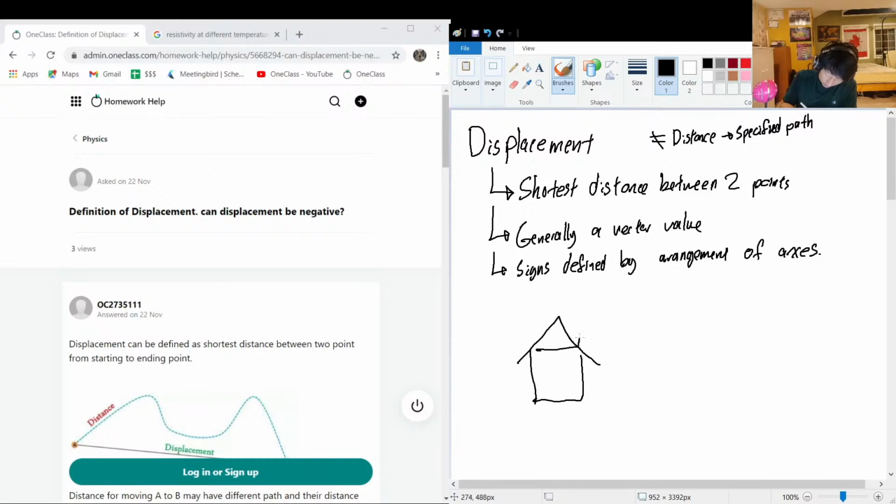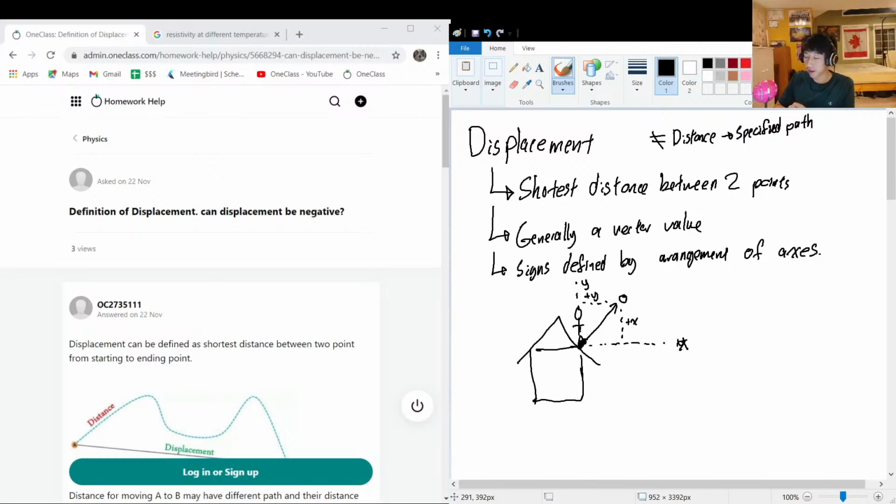This is my house, and we are standing right here. Let's say this is our x-axis, and our y-axis is like this. So right here we'd have a displacement like that if this is the origin. This would have a positive x component, and a positive y component.